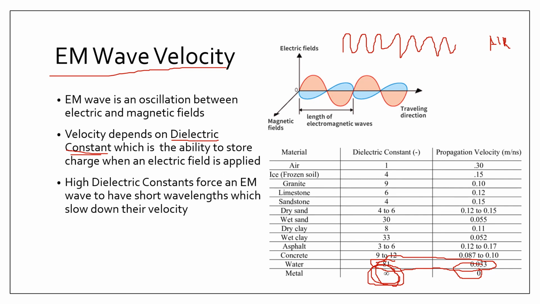If you have an EM wave, for example, in water, high dielectric constants force your EM waves to have short wavelengths.